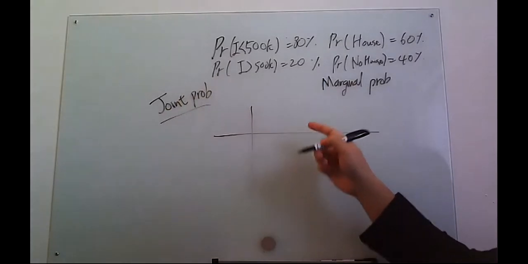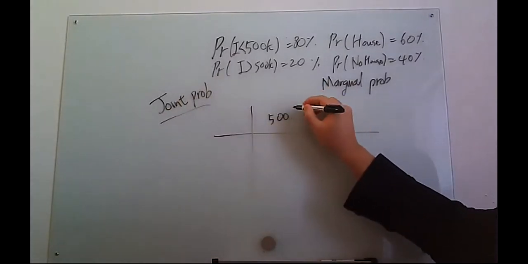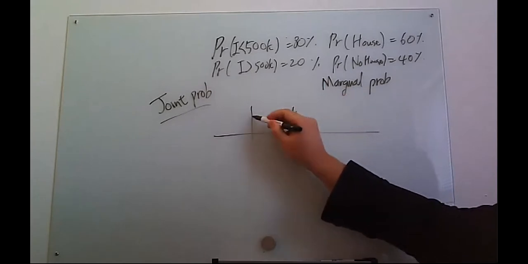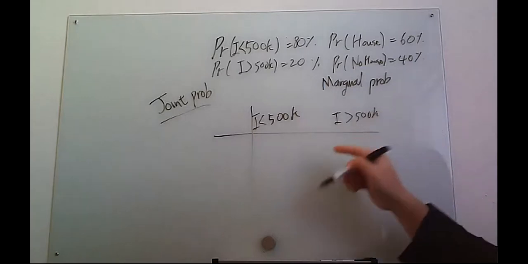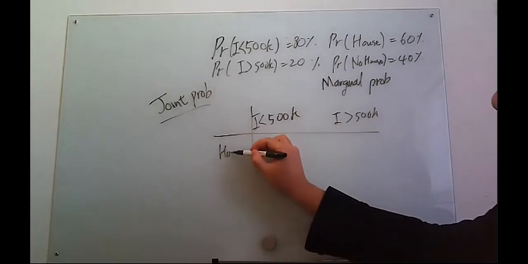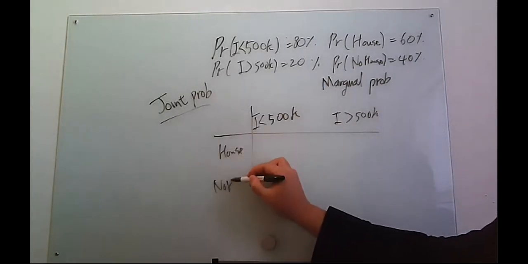So for example, this is 500K or less, so income less than this or income greater than 500K. This is house, no house.